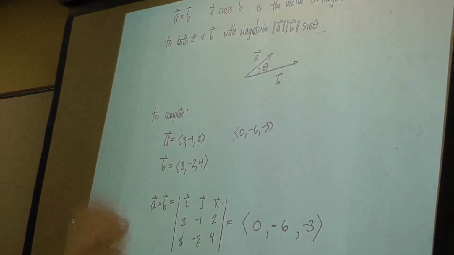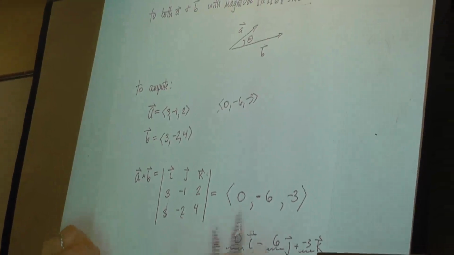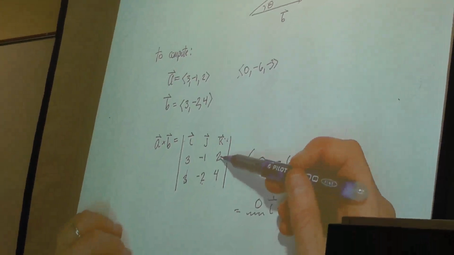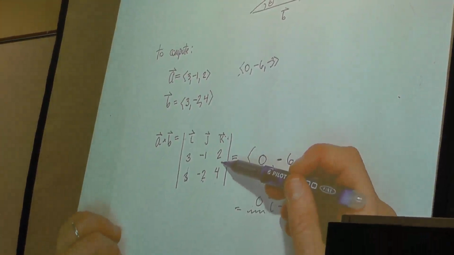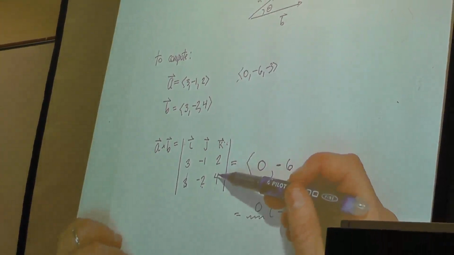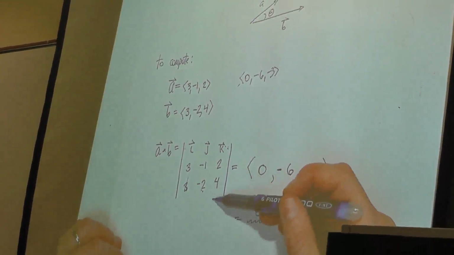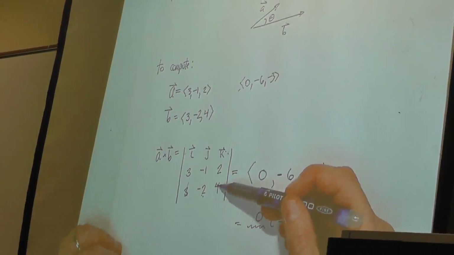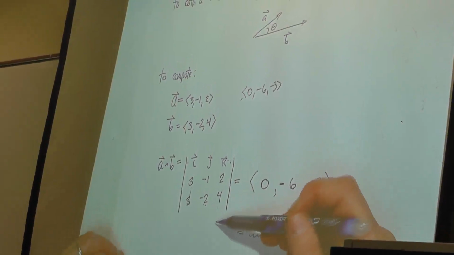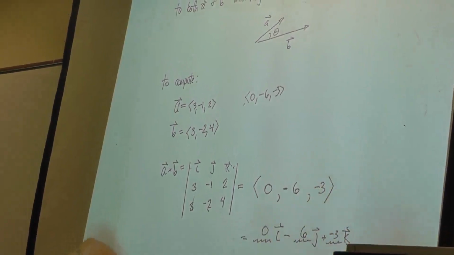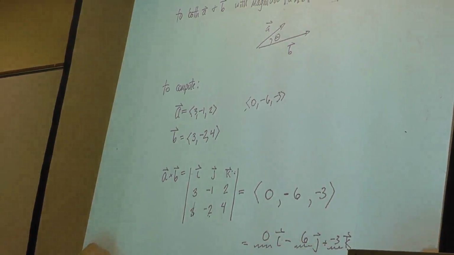Okay? Now, a couple things. One of the properties of determinants that I indicated was if you swap rows or columns, it will change the value of the determinant, but only by a negative.